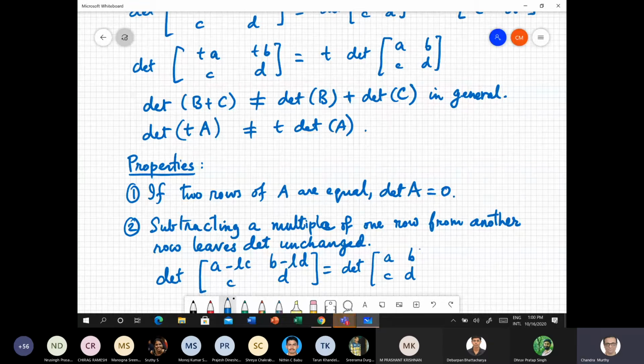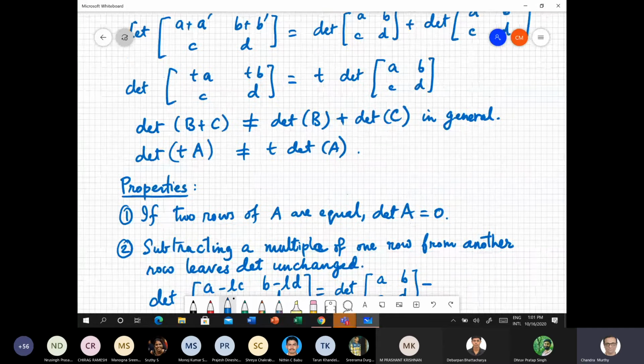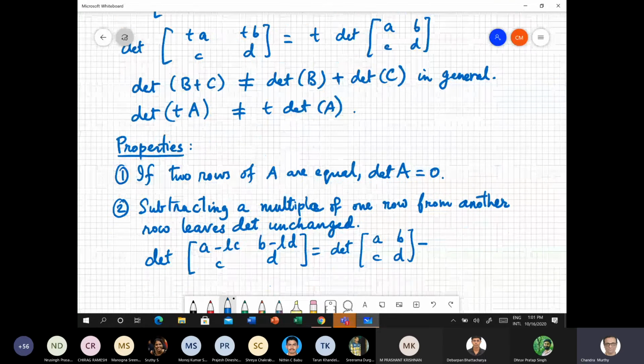So that's because if I take it like this, what I've done is I've subtracted L times the second row from the first row. Now I can use my rules, namely that if I look at a matrix where the first row is the sum of two terms, then I can split it as the sum of two determinants. So I've written the first determinant here, A, B, C, D, and the second determinant is the determinant of minus LC, minus LD, C, D, but the first row is being scaled by a factor T, which is equal to minus L here.